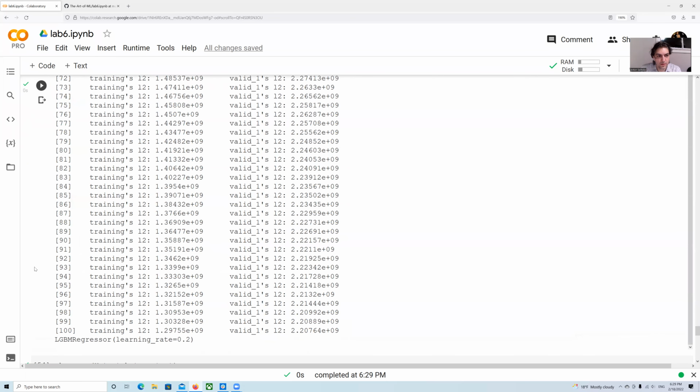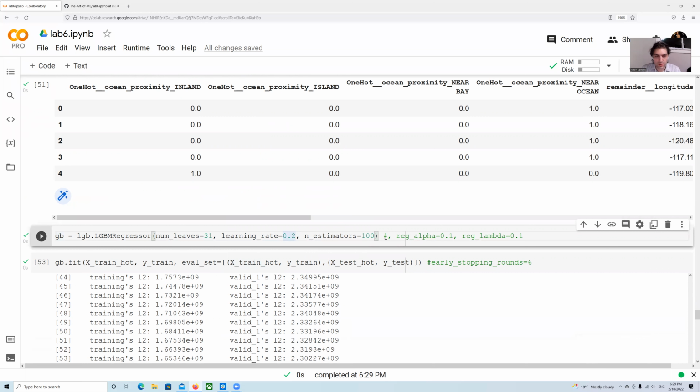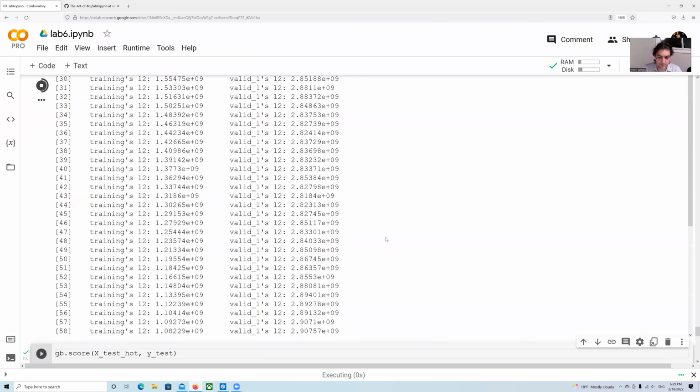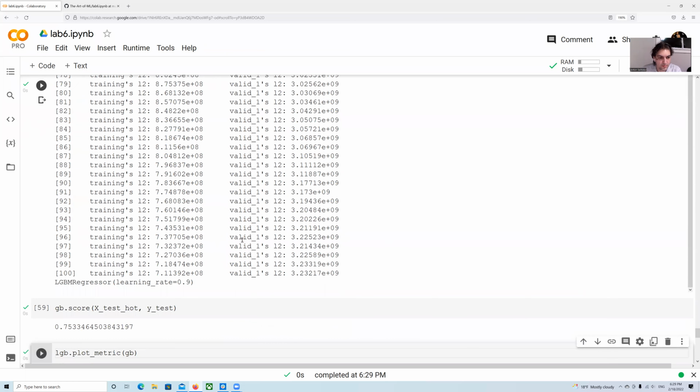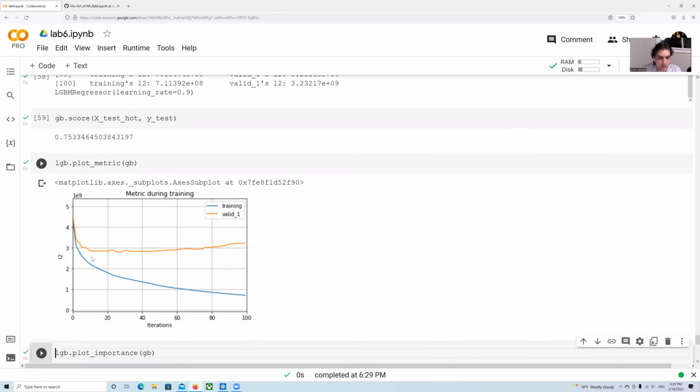So let's use a larger learning rate, and you will see that our model will overfit. The score is lower, and you can see that the accuracy goes up.